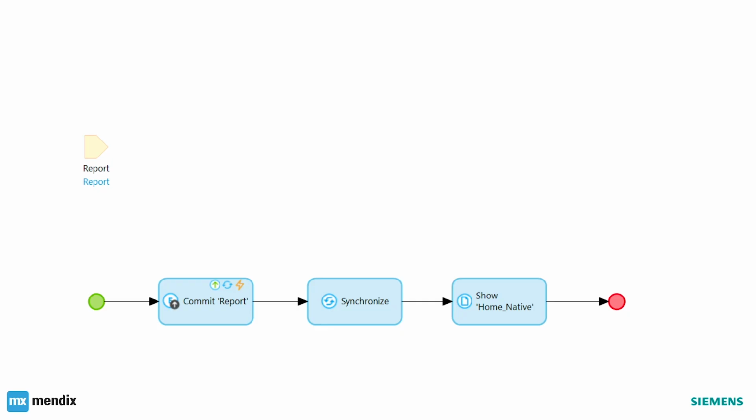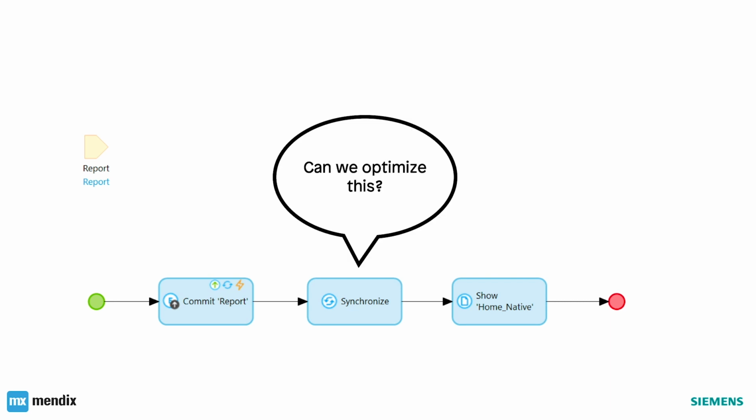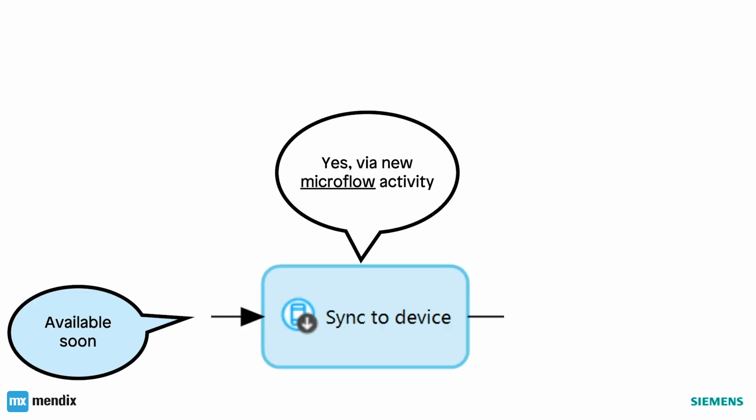So after committing the report or saving the report, there's a synchronize action. And how can we optimize this? Now, soon we will introduce a new feature called Sync to Device, which is a microflow activity which allows you to synchronize only the objects you want to synchronize to the device.